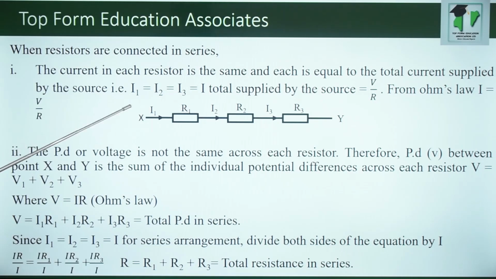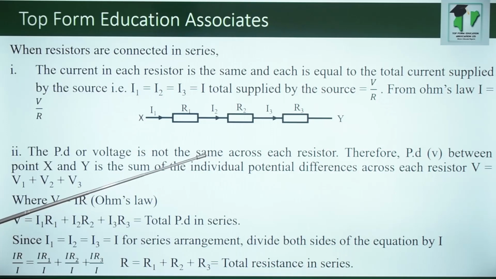So I1 is equal to I2 and is equal to I3. Meaning I1 is for resistor 1, I2 for resistor 2, and I3 for resistor 3. So the current passing through each of these is the same, and is equal to the total current supplied by the source.